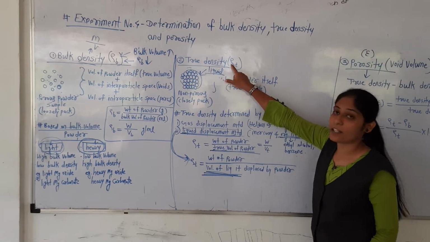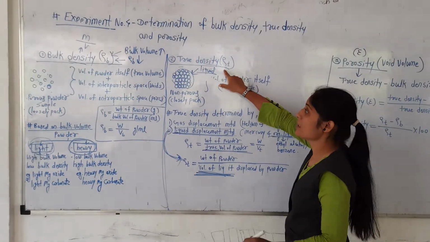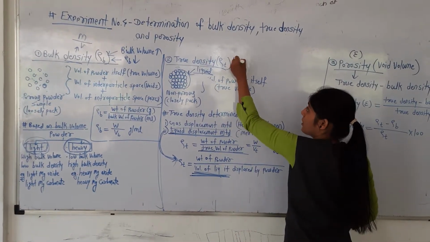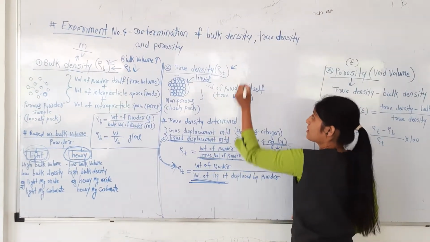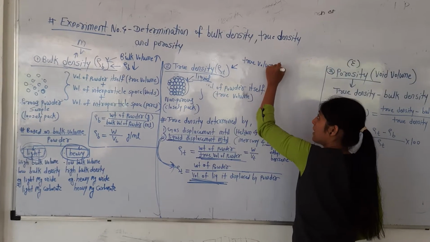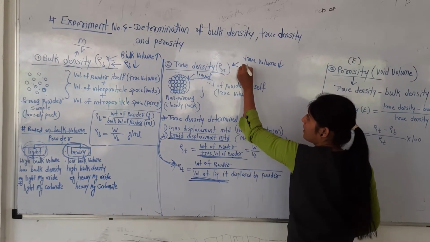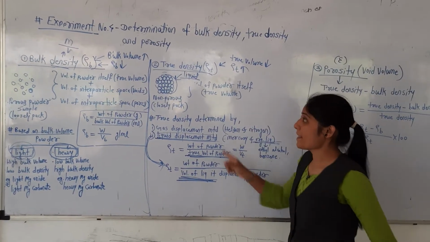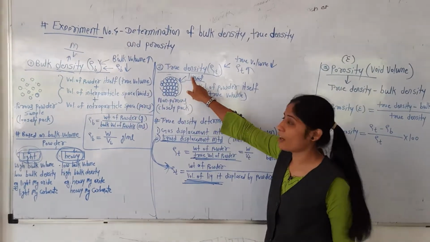In true density, the true volume is less. Due to the true volume being less, the true density is higher. So as compared to bulk density, the true density value is more.